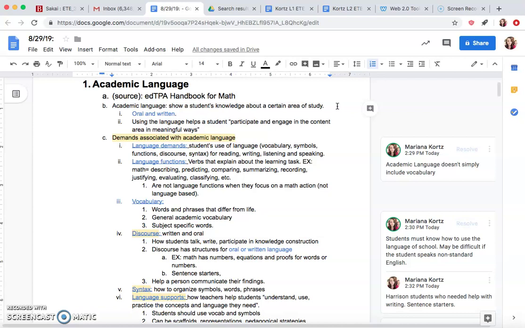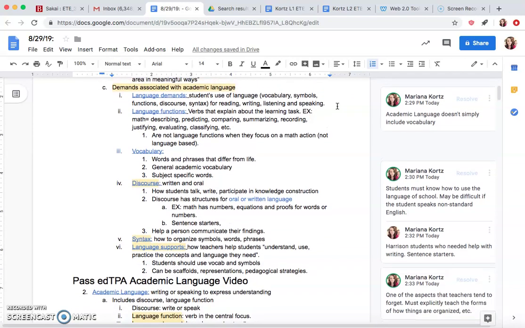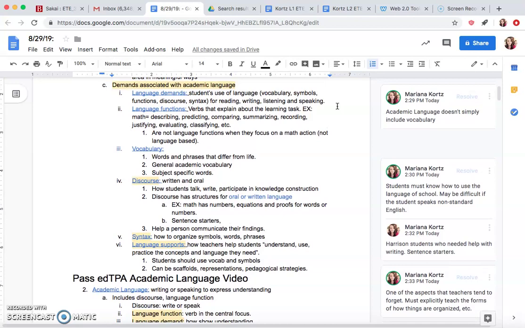But academic language also includes the oral parts of language, how students are discussing with each other and other facts in that area. There are different aspects of academic language, and there are language demands, language functions, vocabulary, discourse, syntax, and language supports. In this video, I'm going to highlight a few of these, but they are all extremely important.